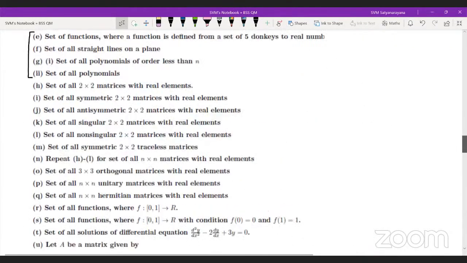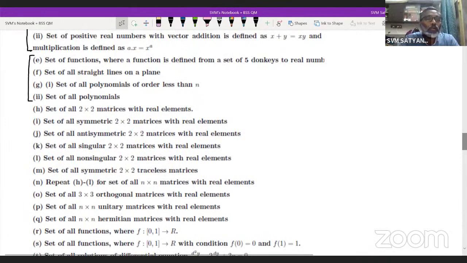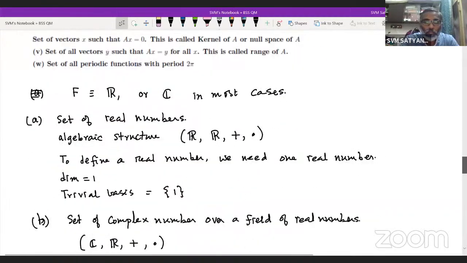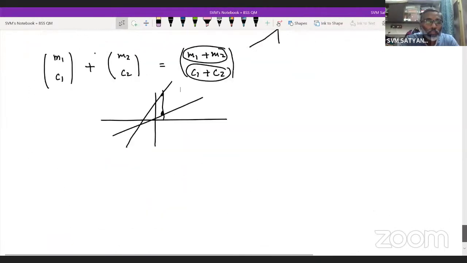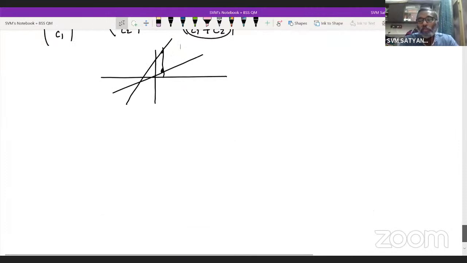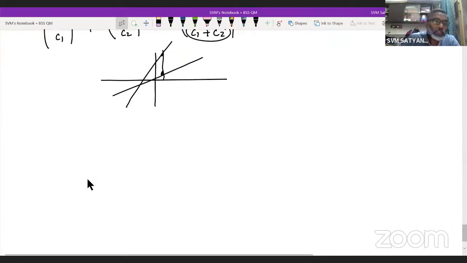Okay, so now we can go to G. G has two parts. First, the set of all polynomials of order less than n.